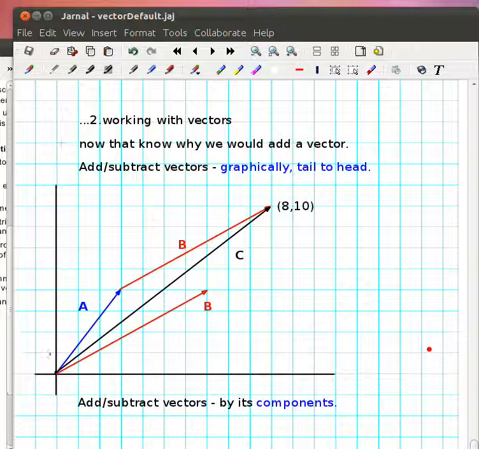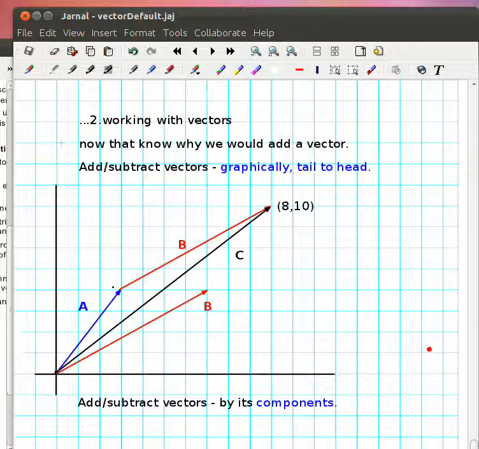So A, B, and the resulting vector we call C. It goes from the beginning of the first one to the end of the last one, and that's going to be at components 8 and 10. This is called the tail to head method, and that's done graphically, right?